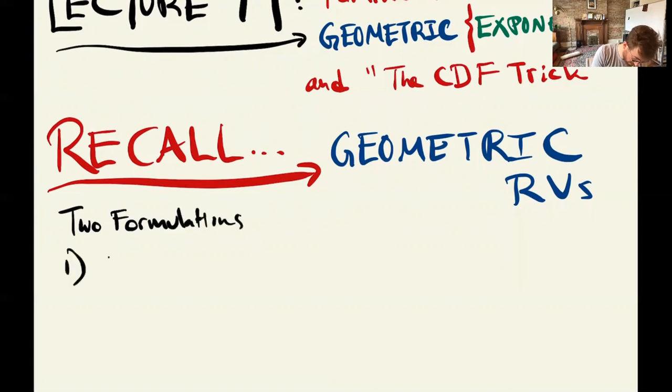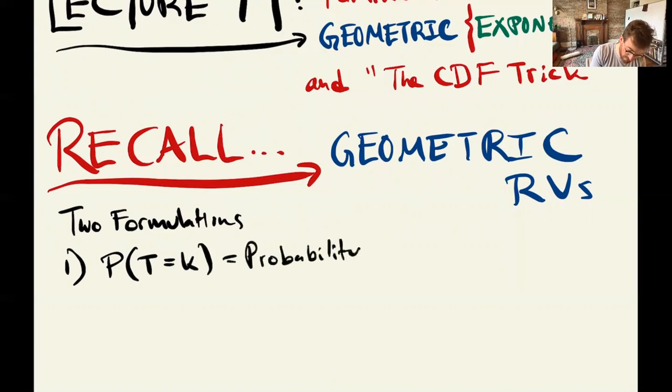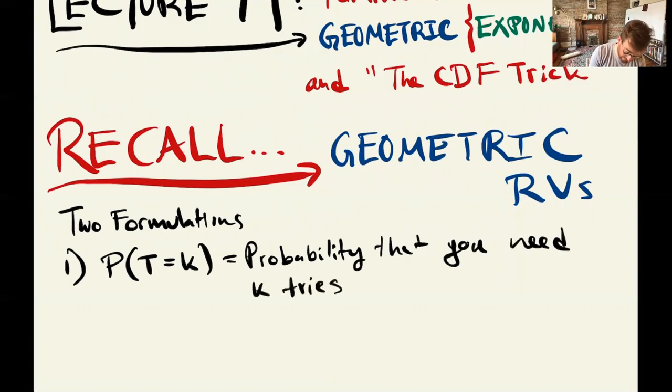One was saying, let's say the probability that T equals k is the probability that you need k tries to obtain your first success.